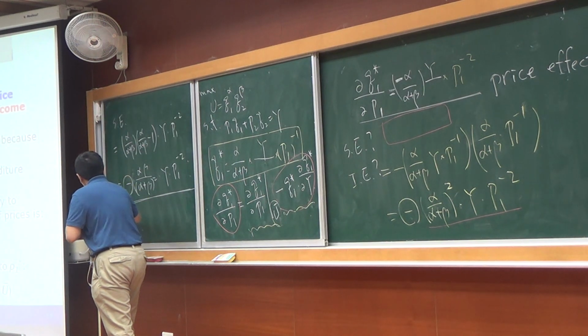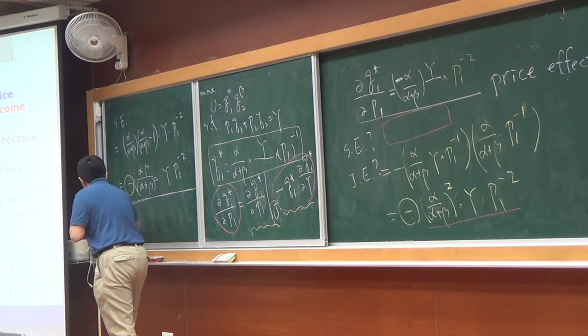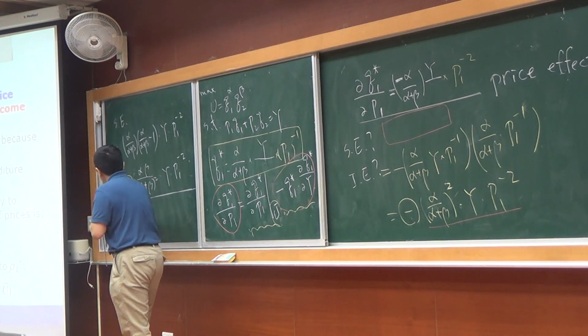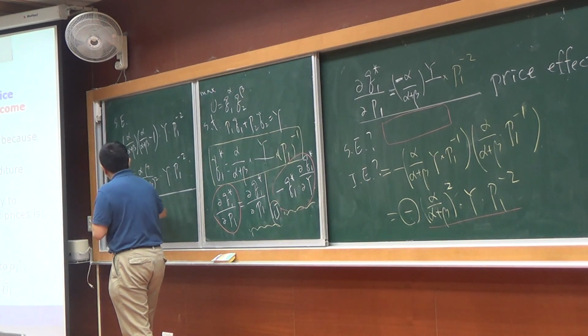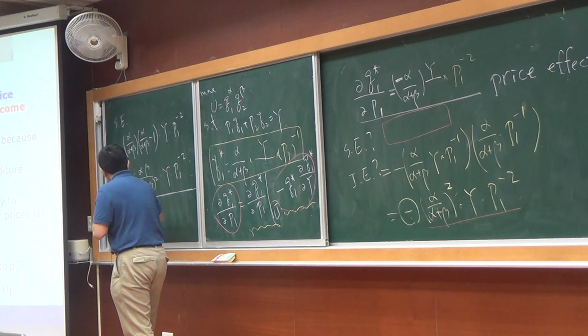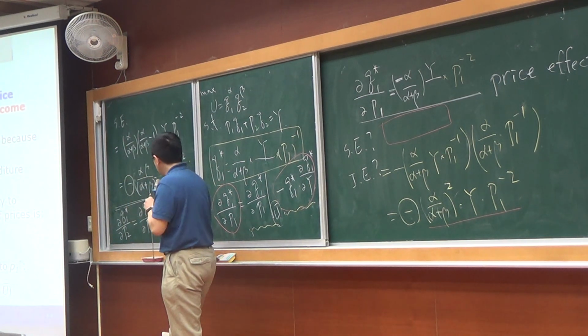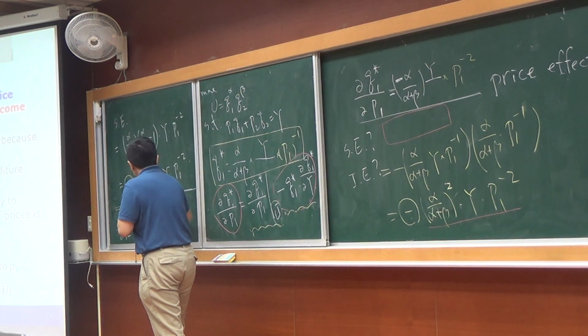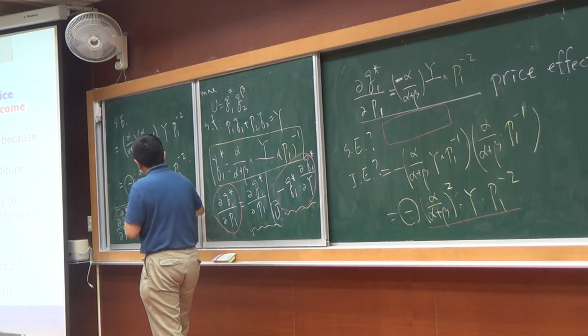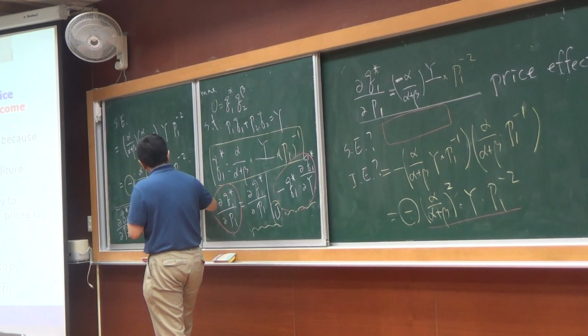Partial Q1 star partial P2 equals partial Q1 star partial P2, holding the utility level, minus Q2 star partial Q1 star partial Y.